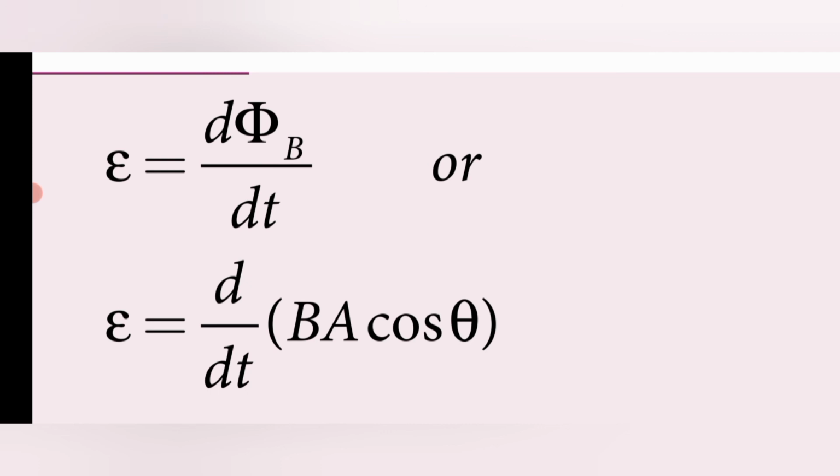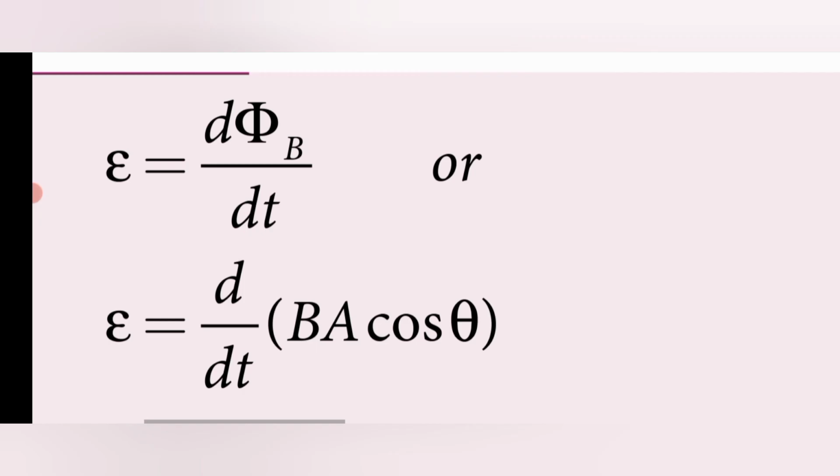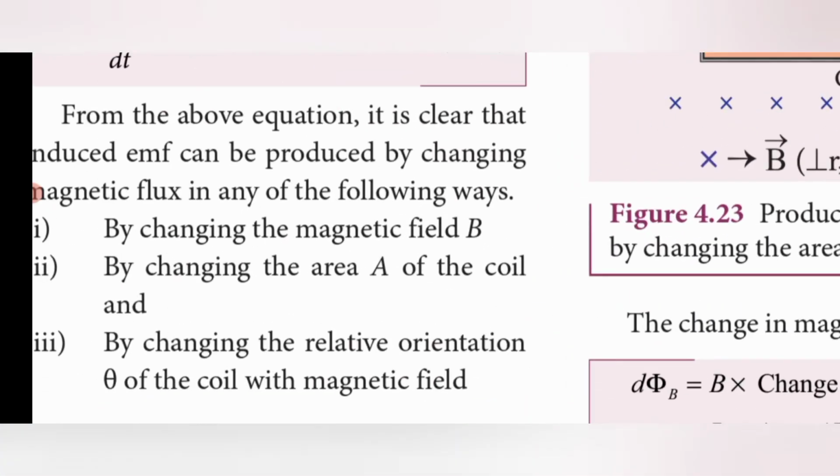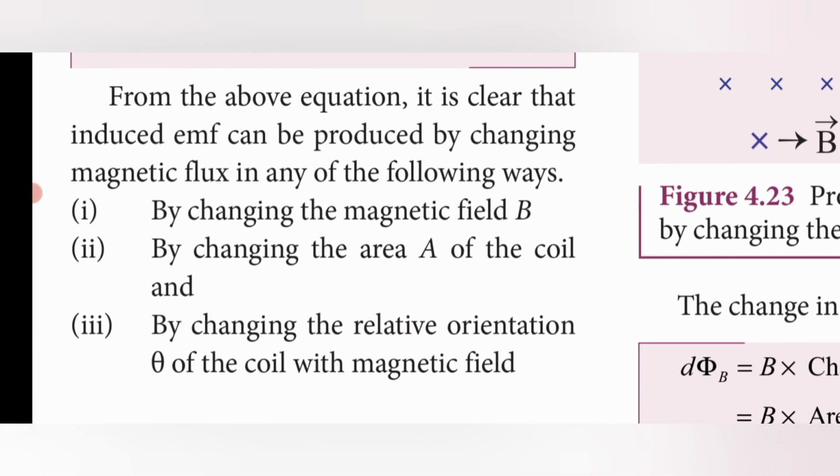That's why we can produce the induced EMF by changing this magnetic flux in the following three ways. By changing the magnetic field, we can produce the induced EMF, and also by changing the area A, and also by changing the orientation of the coil, that is theta. So these are the three methods for producing the induced EMF.